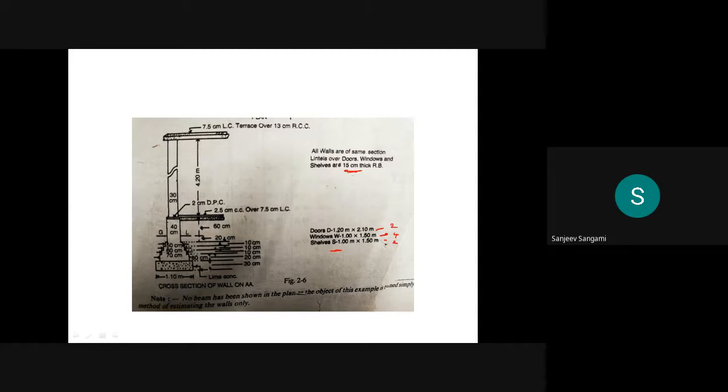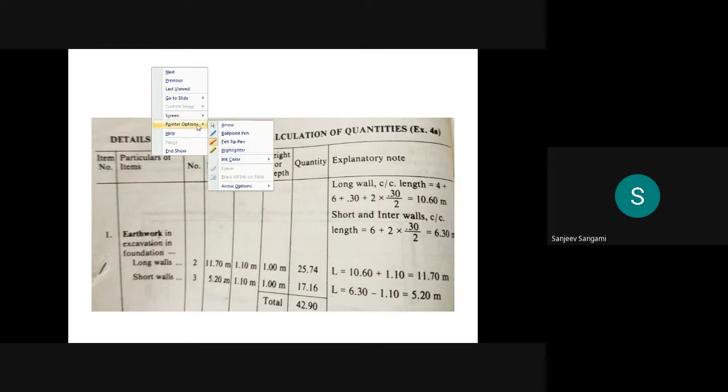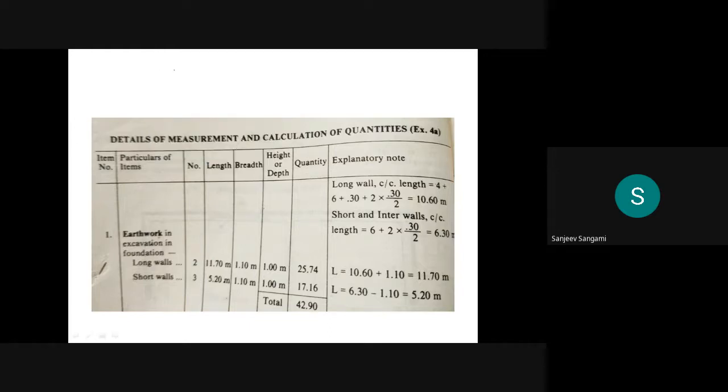Then how exactly can the first length be calculated? As I already said, your first job is to calculate the center to center length. How exactly is the center to center length calculated?